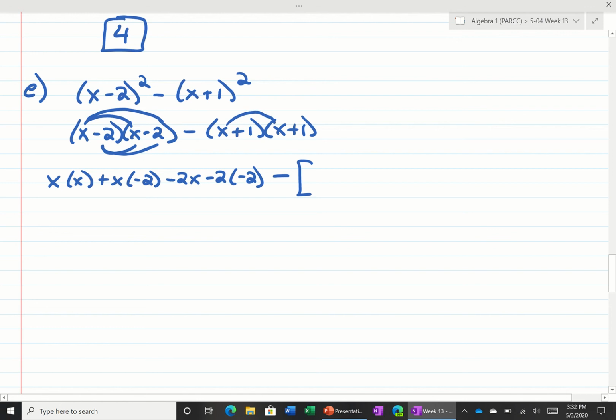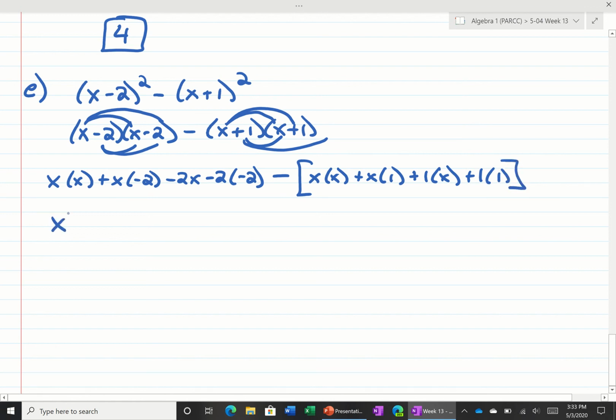We'll multiply our first terms, our outer terms, our inner terms, and then our last terms. So let's see what this comes out to. X times x is x squared. Remember, same base, we add the powers.